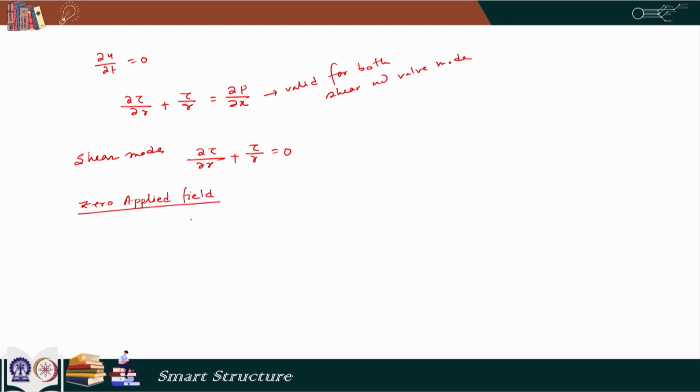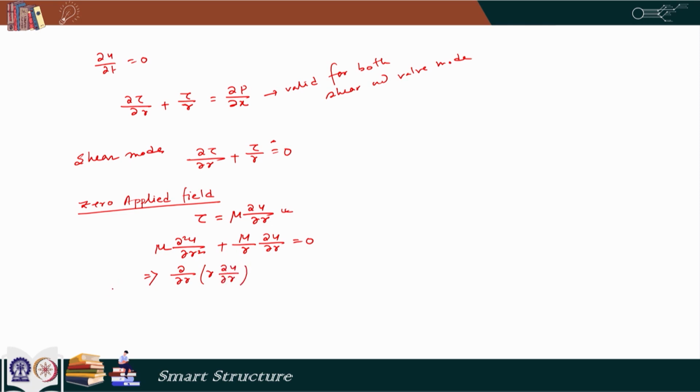Now, in the 0 applied field, we know that the fluid constitutive relation is tau is equal to mu multiplied by del u by del r, and if I put this in this equation, then the governing differential equation becomes mu into del 2 u by del r2 plus mu by r multiplied by del u by del r equal to 0, and this can be written as del by del r of r multiplied by del u by del r.